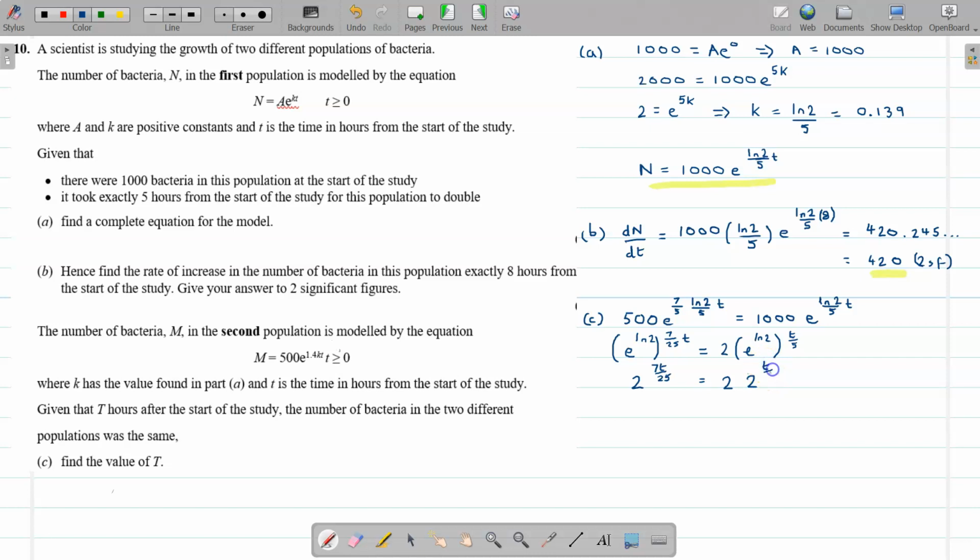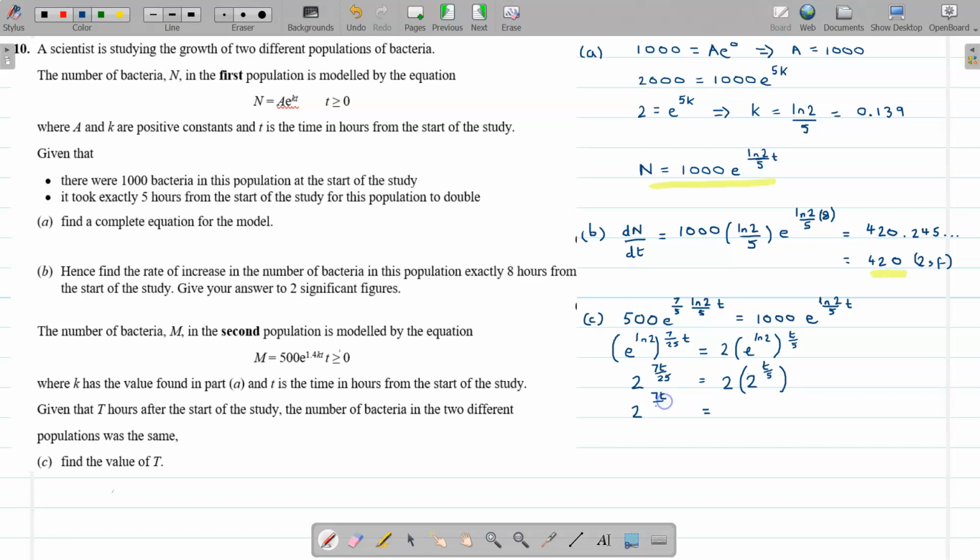I'll put a bracket round that second part, like that. Now, when I times 2 by 2 to a power, I can put a +1 next to the t over 5 and get rid of that 2. So what I've now got, you see, is 2 to a power of something on the left and 2 to the power of something else on the right, so I can get rid of the 2's.